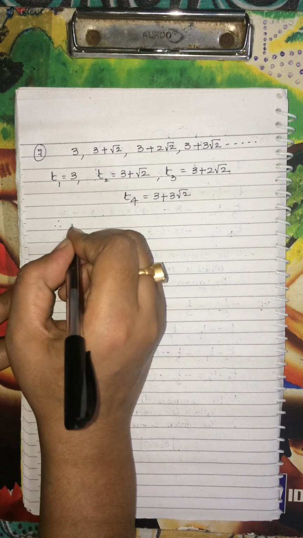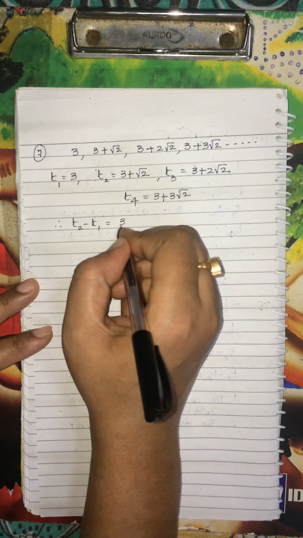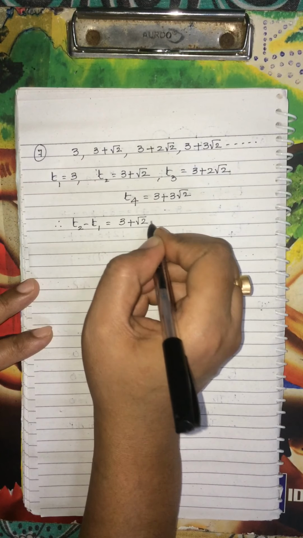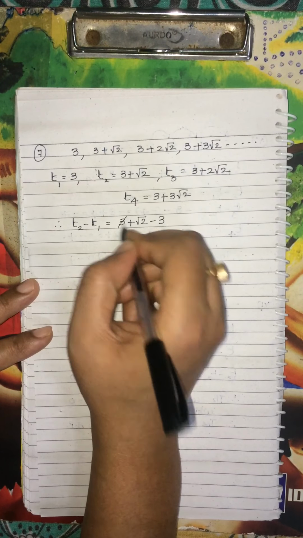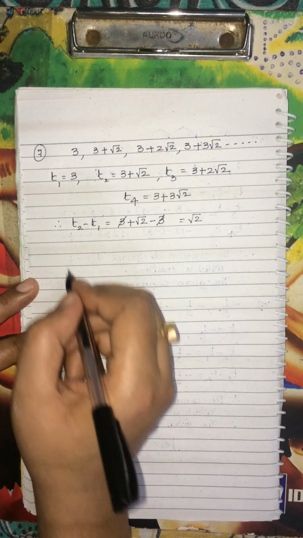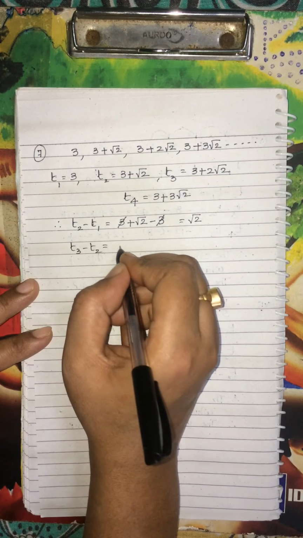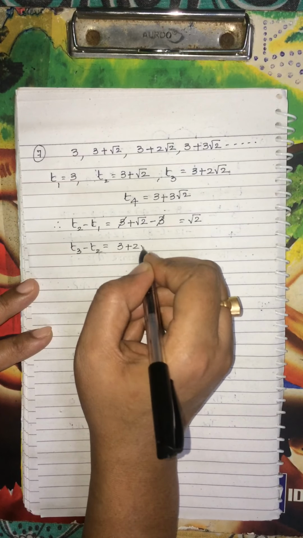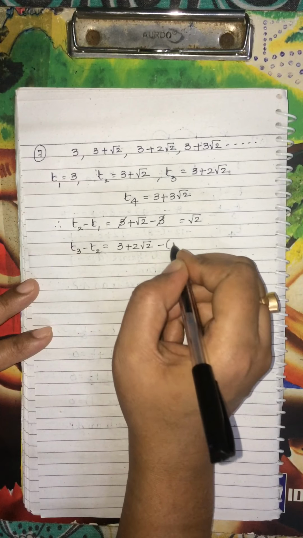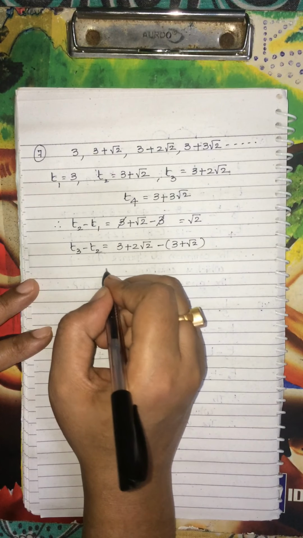So find the difference of the two terms, 3 plus root 2 minus 3, 3 minus 3 cancel. You are left with root 2 only, and T3 minus T2 gives us 3 plus 2 root 2 minus, children, put it in the bracket first because you are negating.